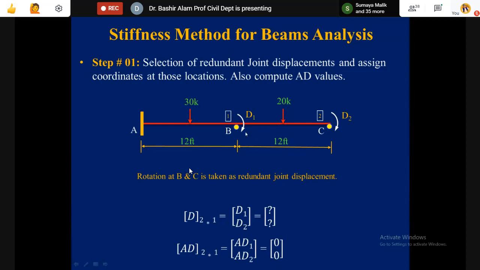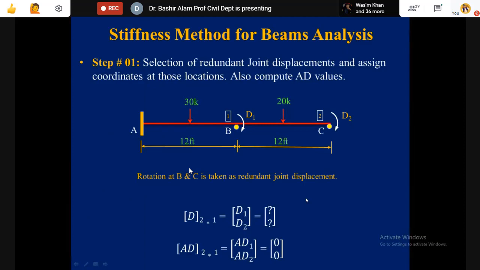Corresponding to them, we don't see any externally applied action. No moment is applied at B, no moment is applied at C. So AD1, AD2 are equal to 0, 0. And D1 and D2 we declare unknown. So rotations at B and C are taken as redundant joint displacements.